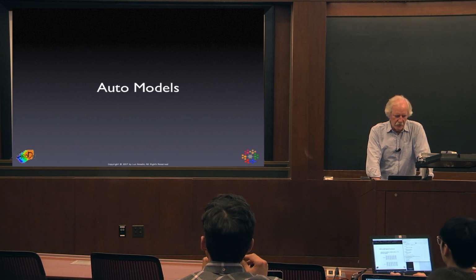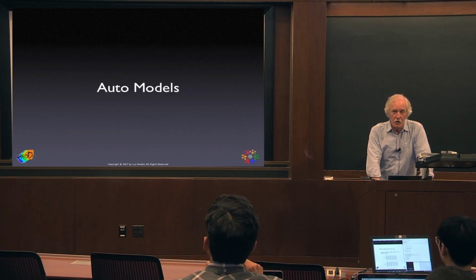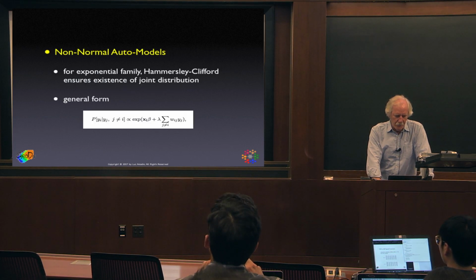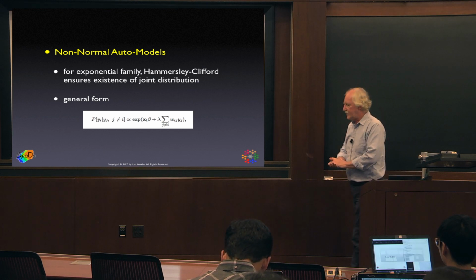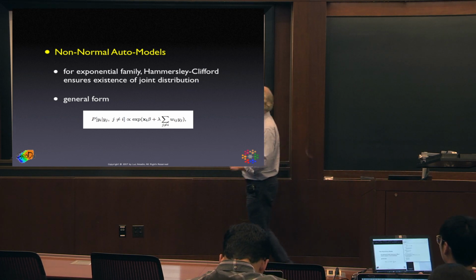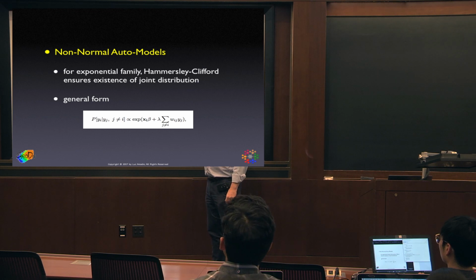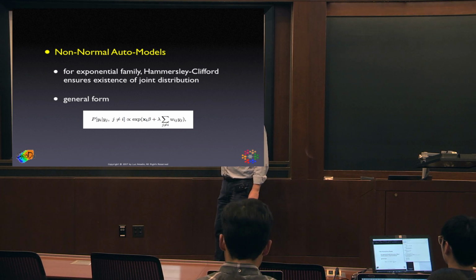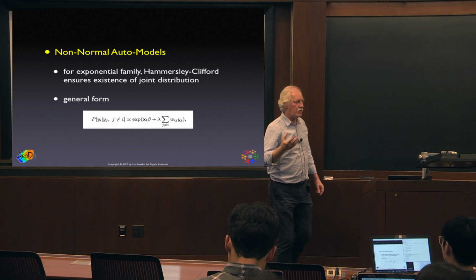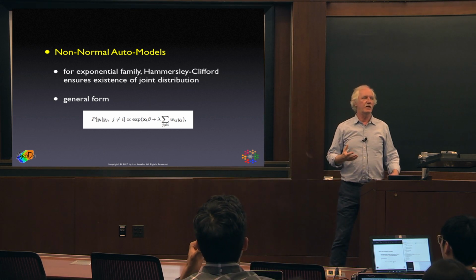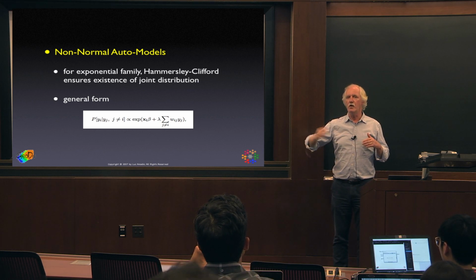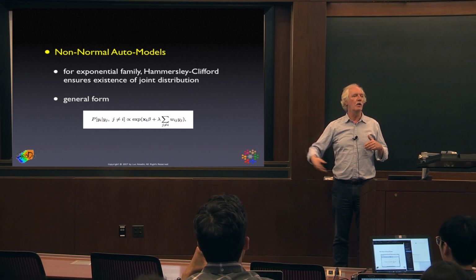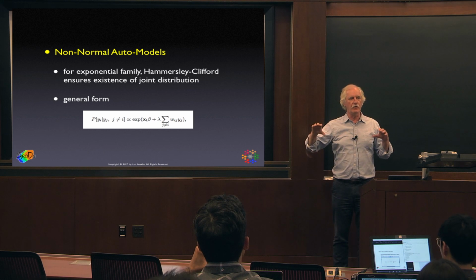So now finally the auto models, and the auto models are these conditional models that take a form. This is where the auto thing comes in. So they are in general belonging to the exponential family, which if you don't know what this is, it's basically a mathematical specification of a whole range of different distributions, like the normal distribution, Poisson distribution, gamma distribution, beta distribution, are all members of the family of exponential distribution.